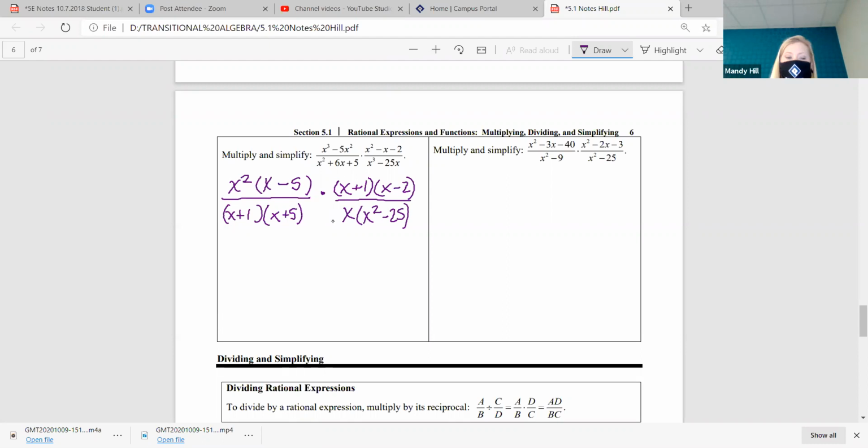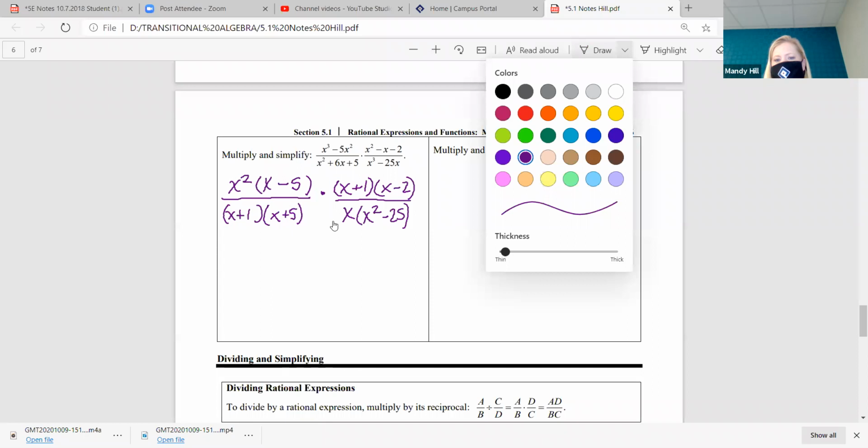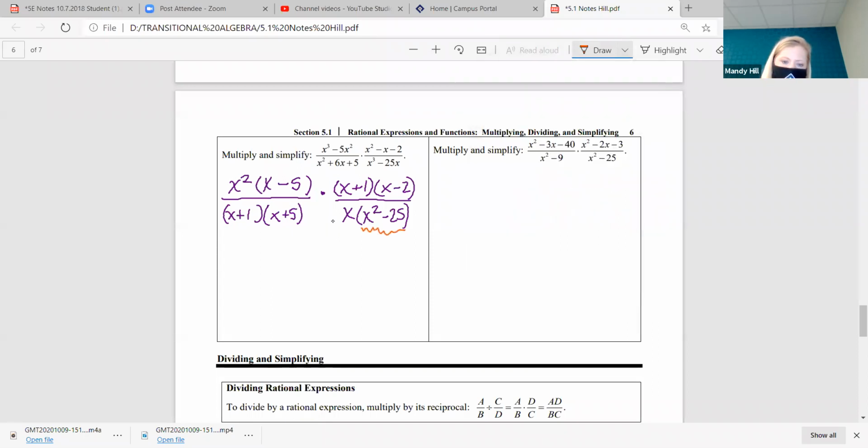Now, we have to be careful in the fact that we've got to be able to recognize some of the things we already learned, and this thing right here is special. This is a difference of squares, right? X squared minus 25.